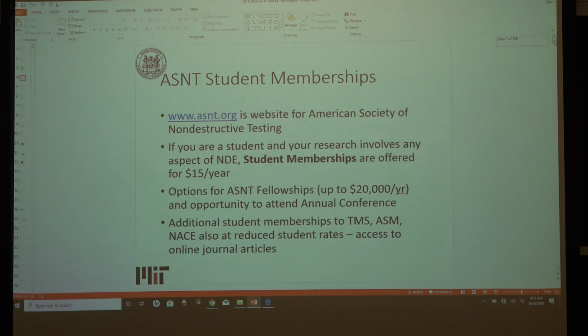When I was a grad student it wasn't $20,000, but I did get to go to a conference for free, so there is some value in these things. Some of the other societies related to materials are TMS, the Materials Society, ASM, the American Society of Materials, and NACE, which is related to corrosion engineering. For long-term operation, asset integrity is the buzzword they use in the oil and gas industry.